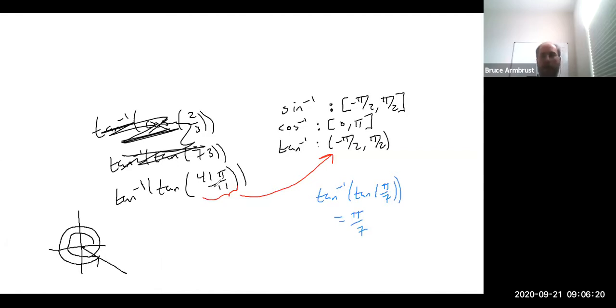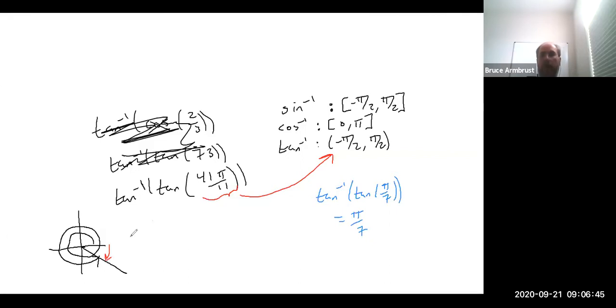So there is my angle, 41 pi over 11. So what I need to do is figure out the angle in this interval that is coterminal. So it has the same tangent value. So what I'm going to be looking for is this guy.